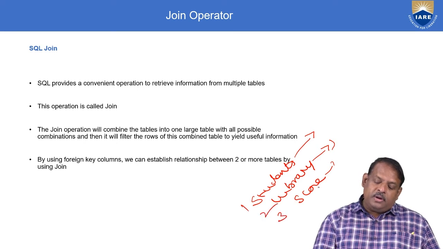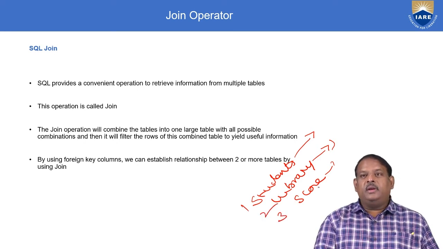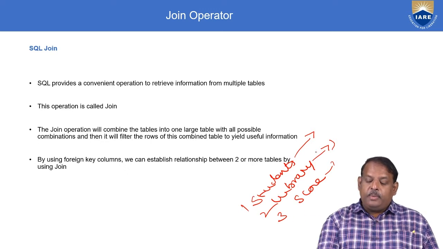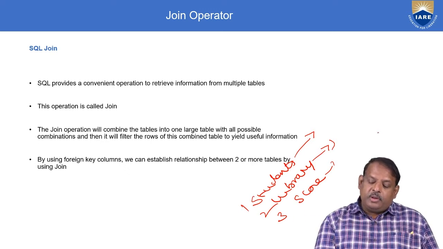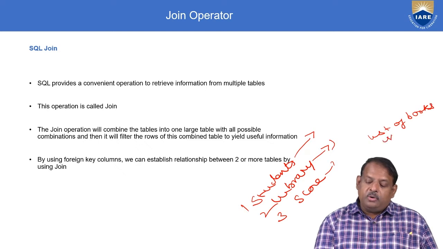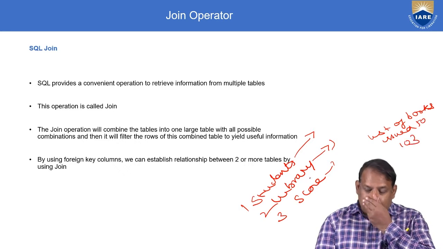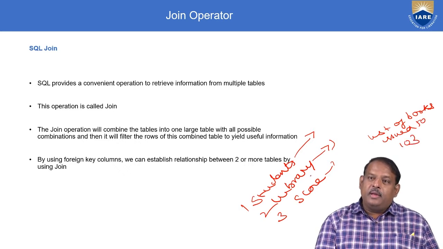Now, if you want to combine all these three tables' data, say I want to show the list of books issued to a student whose roll number is 103, then I have to query the library database and display the list of books.